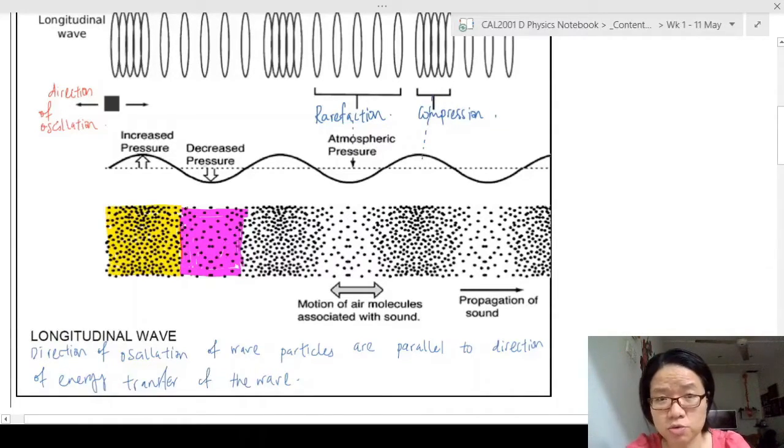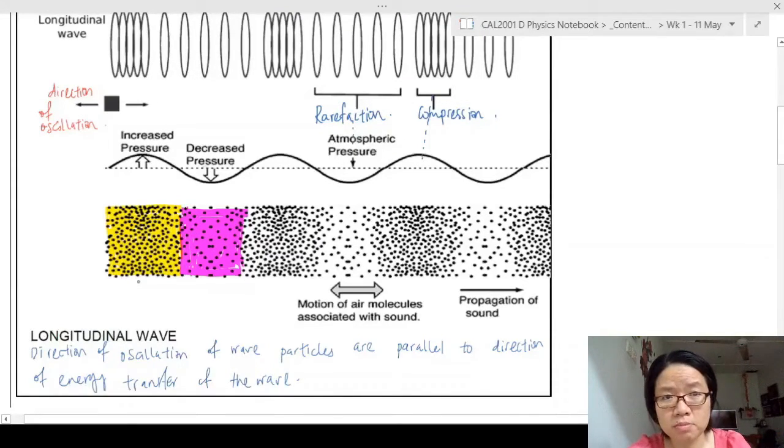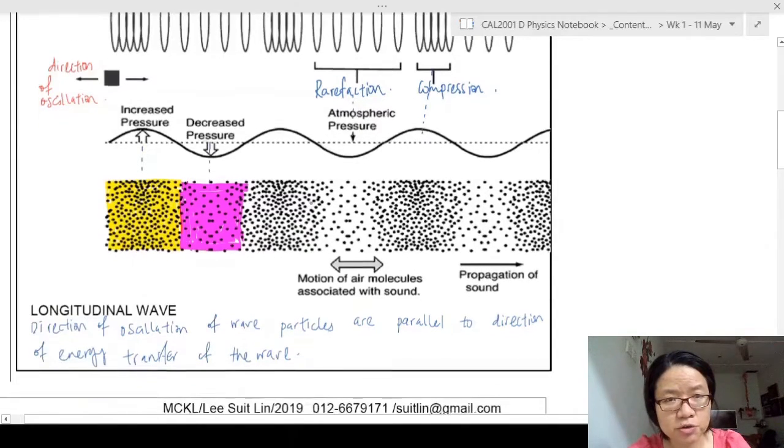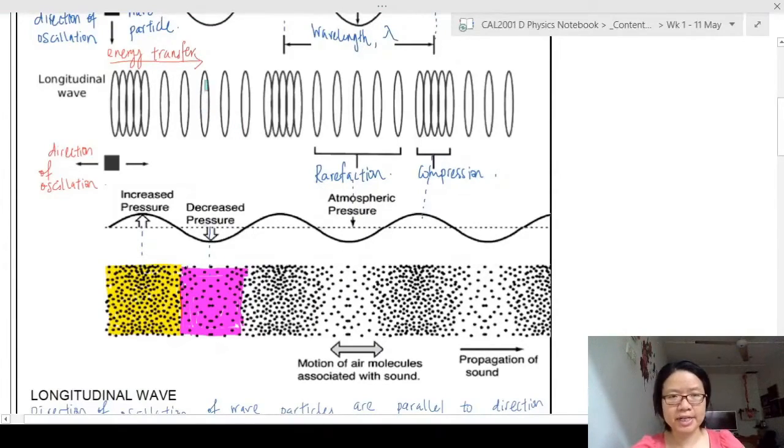So if you want to measure wavelength, there are many ways to measure wavelength, but I think you can probably tell we will be measuring somewhere in the middle. Maybe we will take the area of increase and decrease pressure, or the position, take the middle point, easier.